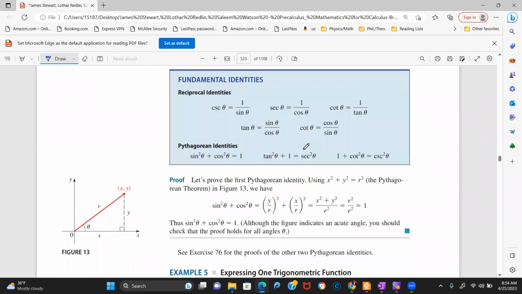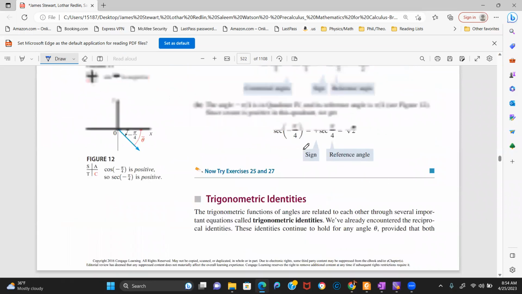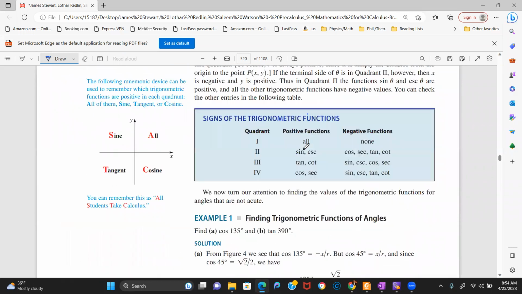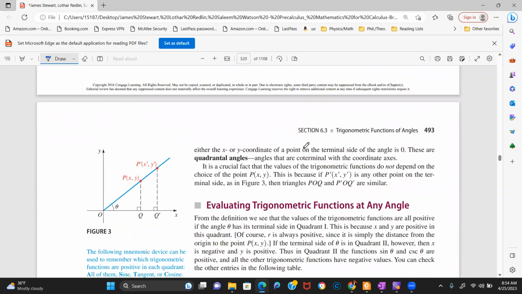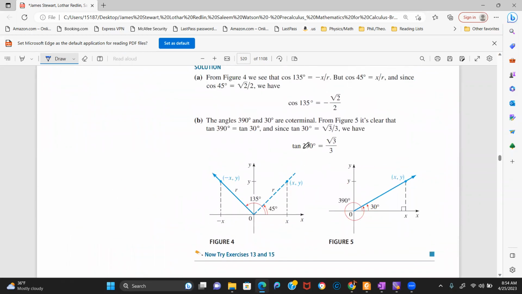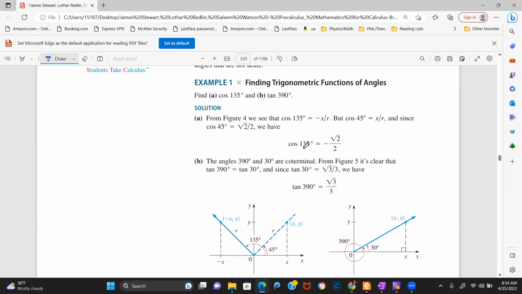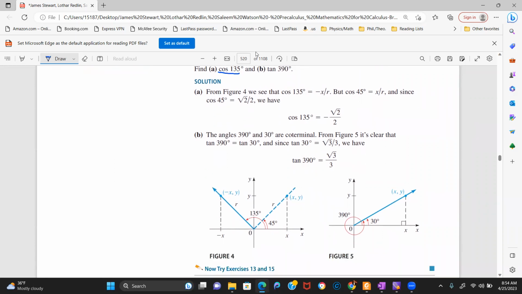Yeah, so to evaluate these numbers, there's that table you're going to need, or you can just use the unit circle and convert. So the idea is now to evaluate, say we want to evaluate cosine of 135 degrees. We want a reference angle. 135 degrees is a little bit less than 180.